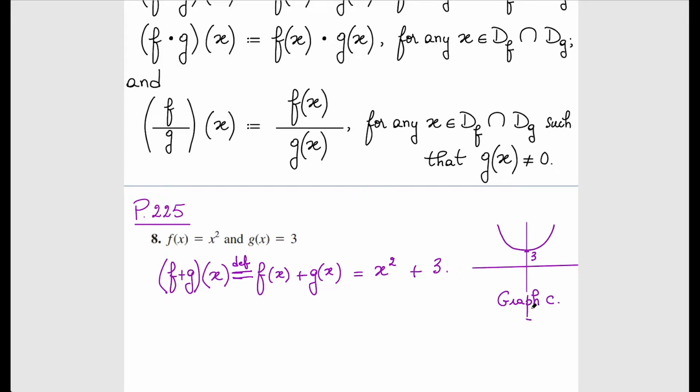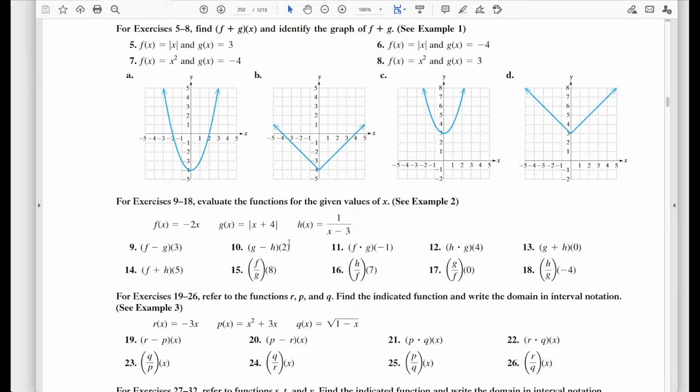Okay, all right, let's do another one. Let's do one of these from 9 to 18, or actually a couple. How about we do number 12? Number 12 is, you have three functions, f, g, and h, and you would like to form this function, h times g.